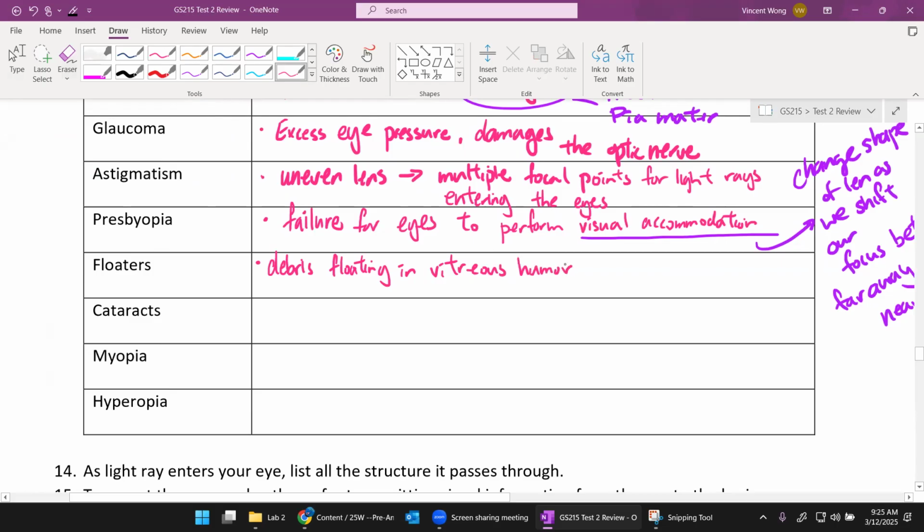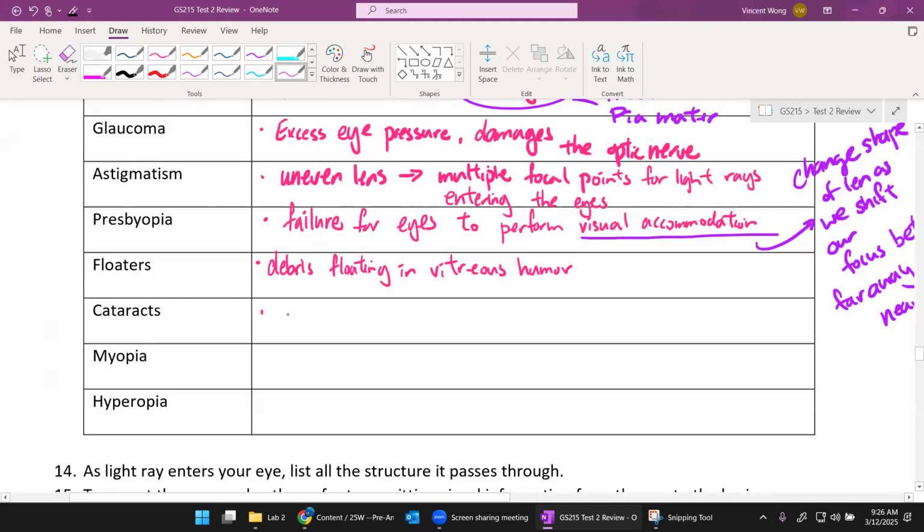It's something that you would be able to see in your field of view, in your vision. They don't really go away. There's nothing much you can do about it. If it gets really, really bad, they might give you eye drops to break down the fragments into smaller pieces.